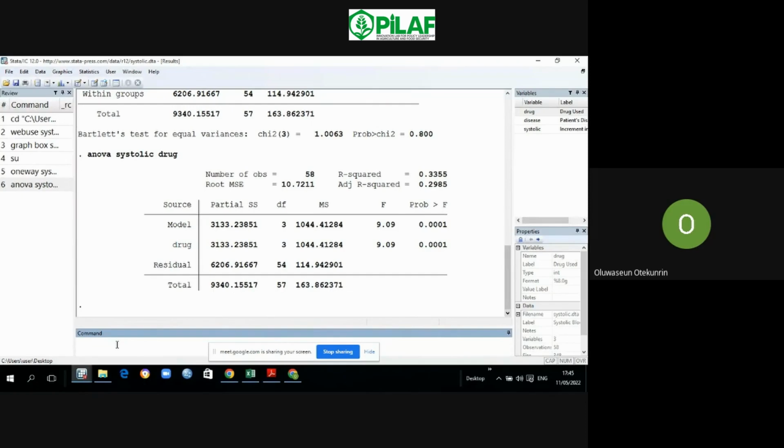That means that all the necessary explanatory variables, all the necessary predictors, have been included. And then the drug is our factor. And that one is also significant, just like the previous table.